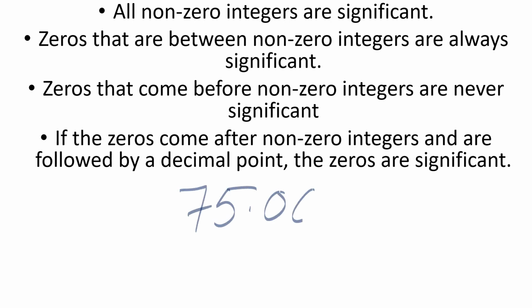Now these zeros are coming after a non-zero integer, but they are also coming after a decimal point, so that's why these two zeros will be counted. If somebody asks you how many significant figures there are, your answer will be 4. You start with the first non-zero, so this is first, second, third, fourth. Why will these two be counted? Because they are coming after a decimal point.